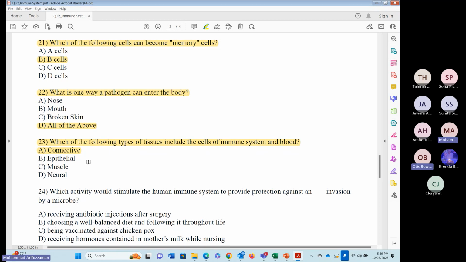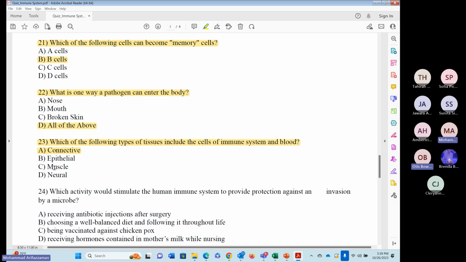So the muscle tissue, can you give examples of muscle tissue? Cardiac muscles, smooth muscles, even the skeletal muscles. So these are the muscle tissue.